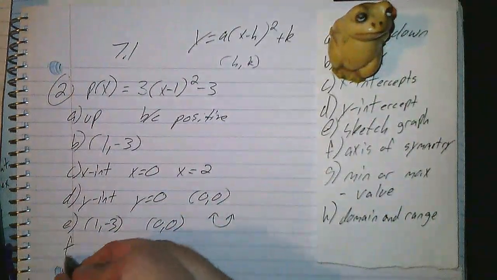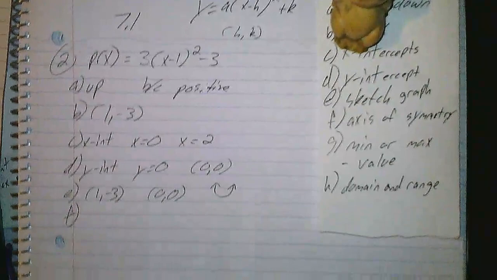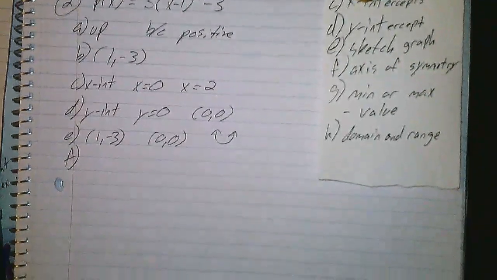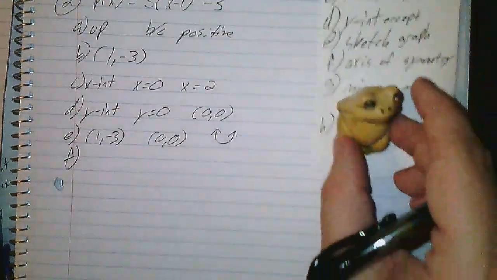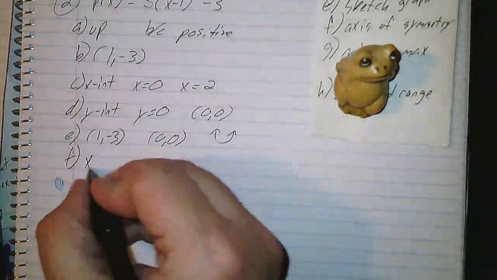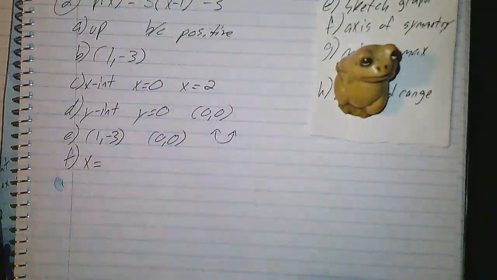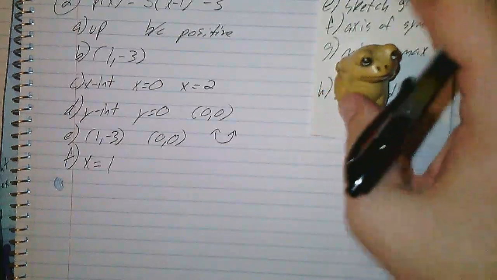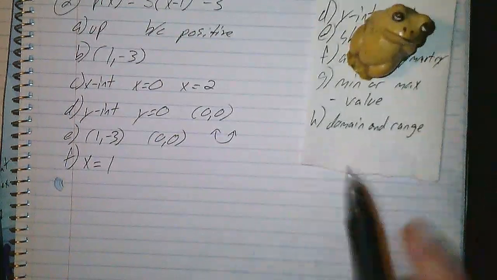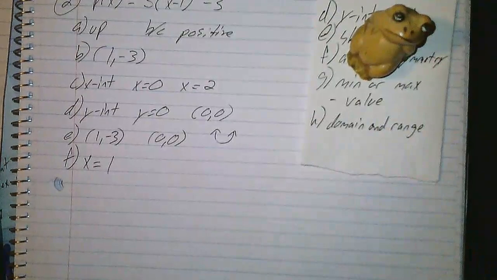Next is our axis of symmetry, which is easy because that's just x equals 1, the x value of our vertex. Then we find our max and min.